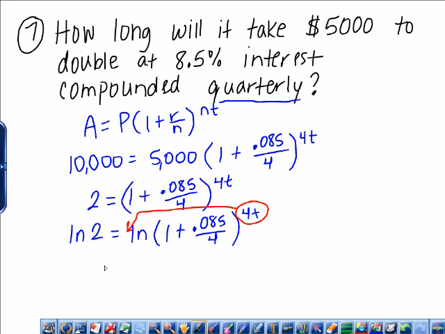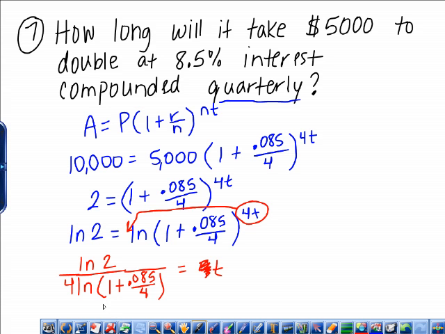And then I'm going to divide that natural log. So what ends up happening is I have natural log of 2 divided by natural log of 1 plus 0.085 divided by 4. That's going to equal 4t. So then how would you just find t? You would divide by 4, which would be like putting 4 down here.